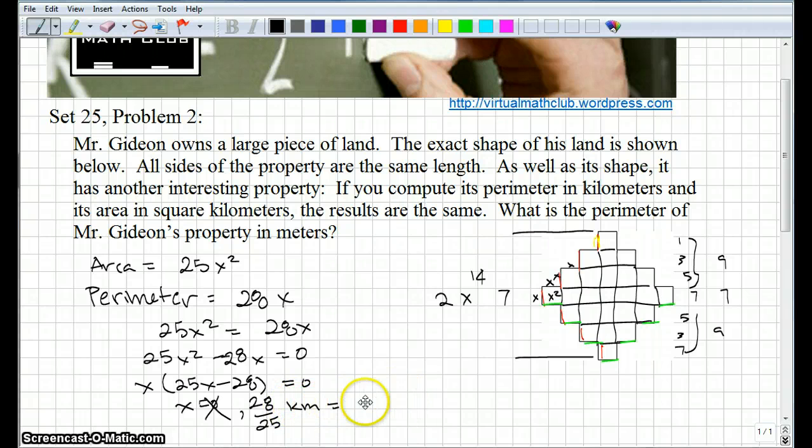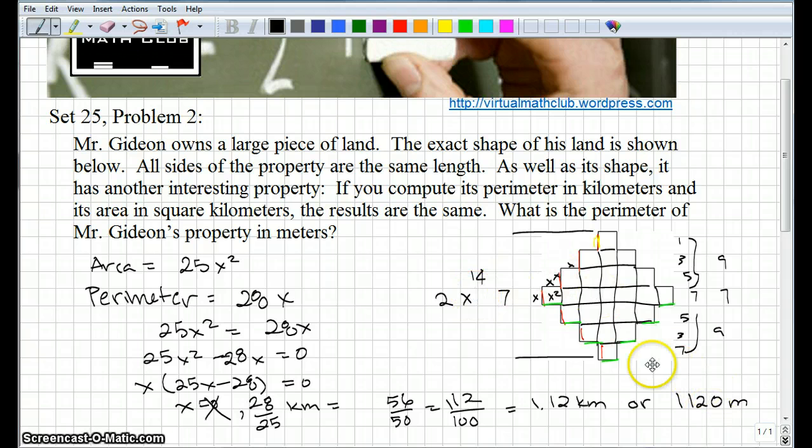Now we could write that as 56 50ths or 112 hundredths, right? So that's 1.12 kilometers, all right, or 1120 meters. Okay, just multiplying by 1,000, and the reason I convert that to meters is because they ask for the perimeter in meters.